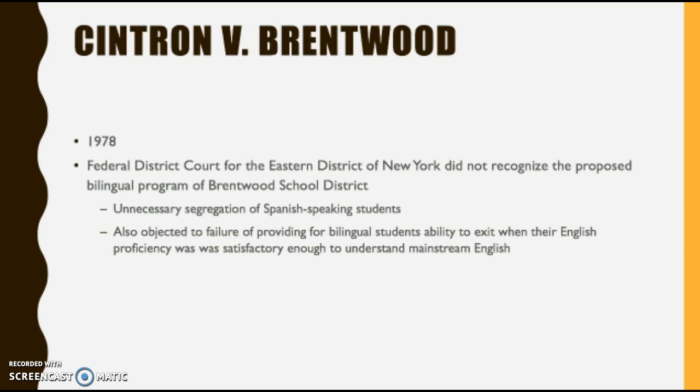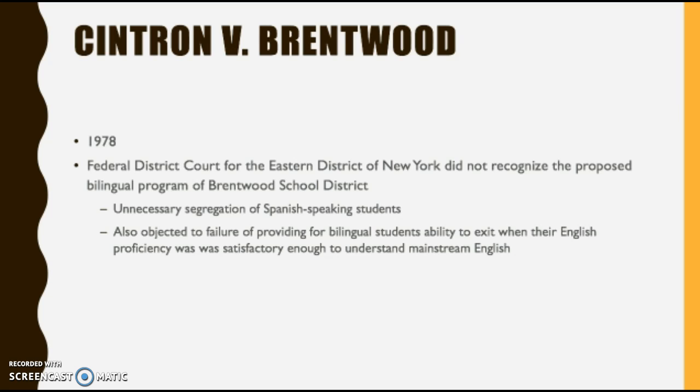Okay, and then the next one that we have is Cintron versus Brentwood. This was in 1978, and the Federal District Court for the Eastern District of New York did not recognize the proposed bilingual program of Brentwood School District. The reason was that there was an unnecessary segregation of Spanish-speaking students. It wasn't constructive to the students.